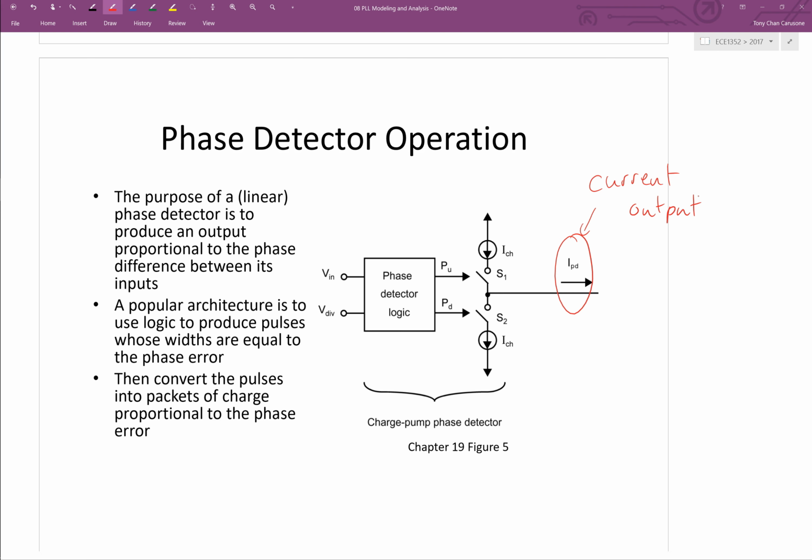The approach taken here is that you've got some logic that's comparing the 2 clock waveforms. That's the reference there. Let's say we've got the divided down version of that here.